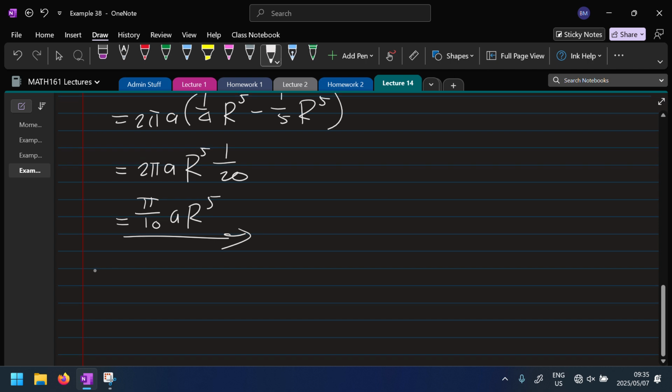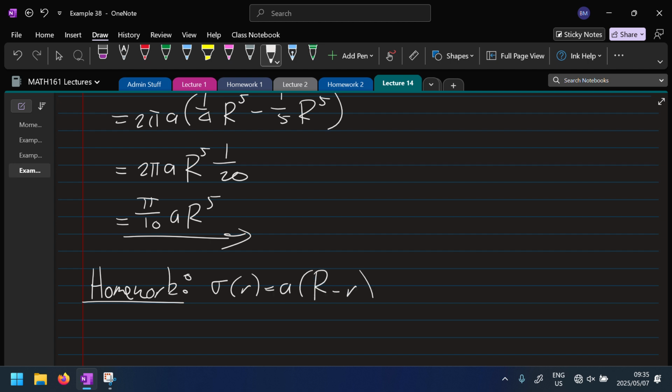Okay, then homework. We're given the mass density, that was the sigma of r. For homework, find the total mass.